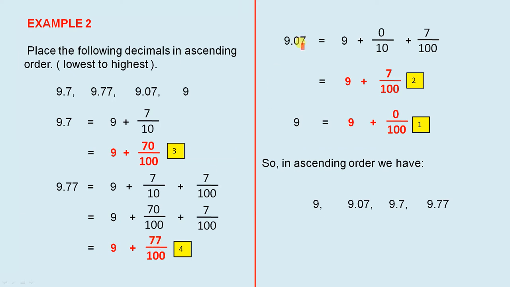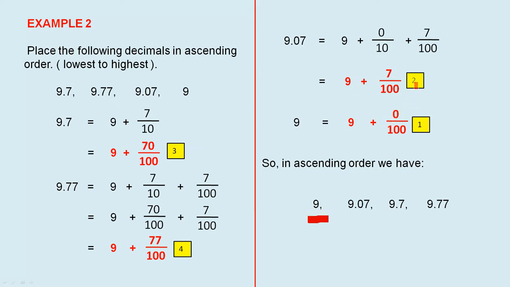The next one is 9.07, which is 9 plus 0 over 10 plus 7 over 100, which is 9 plus 7 over 100. And the last one is 9, which equals 9 plus 0 on 100. Now the lowest is this one, which is 9, because it's 9 plus 0 on 100.